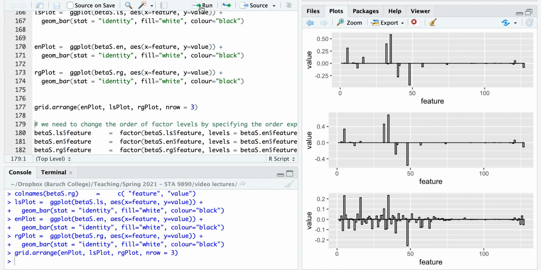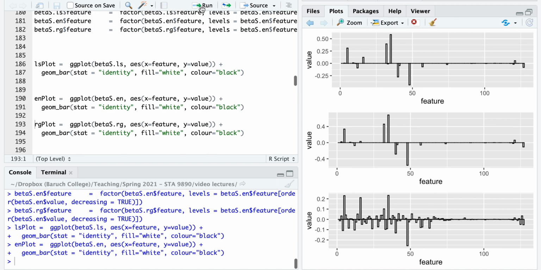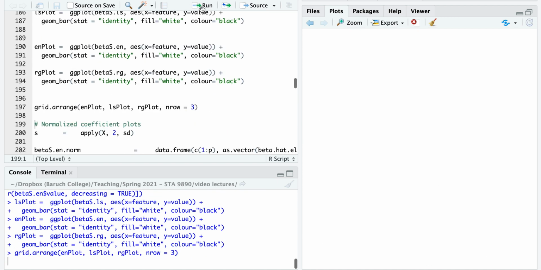Okay, so these are the unnormalized features. And now we are ordering them from smallest to largest.